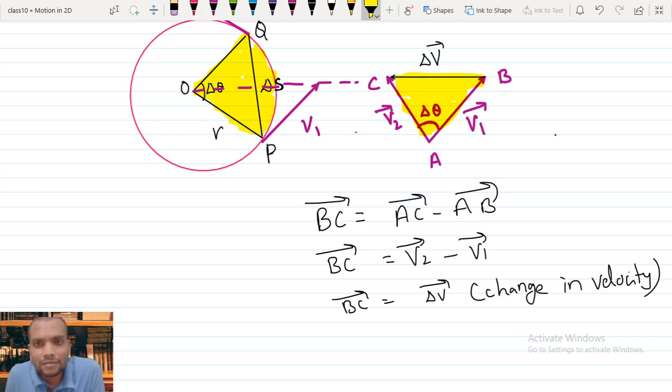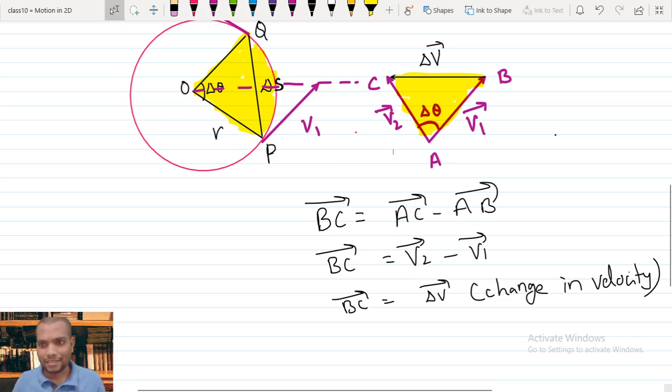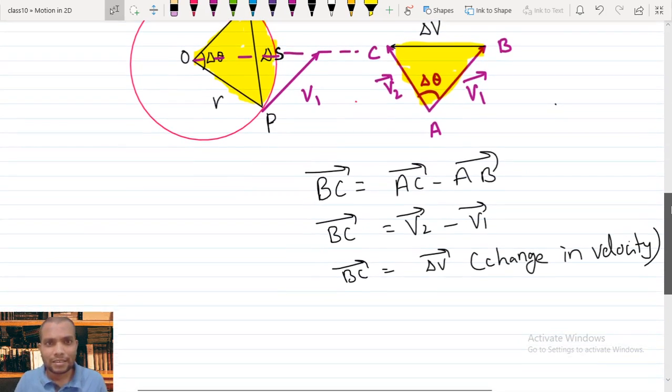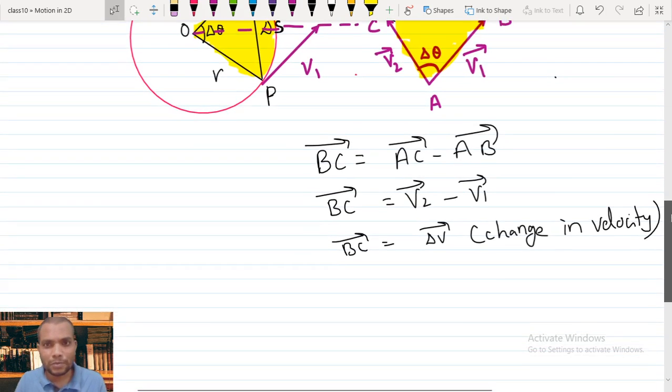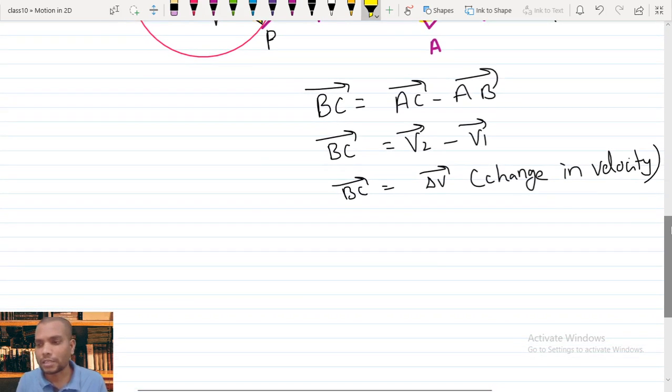That's all it means, and we changed the characters here also. But here you can see the delta theta is the same and the radius is also the same. So they are both similar triangles. Don't be confused that one represents the displacement and the other represents the velocity.